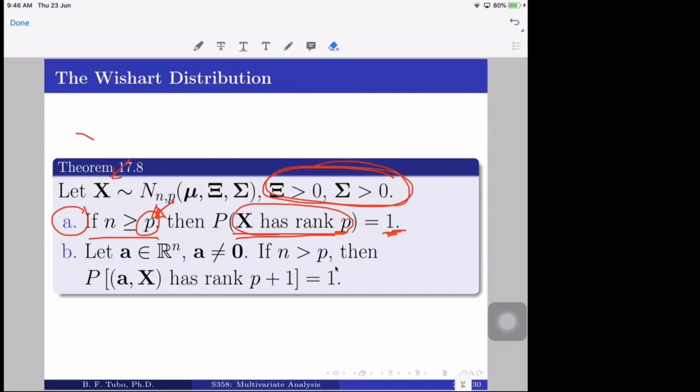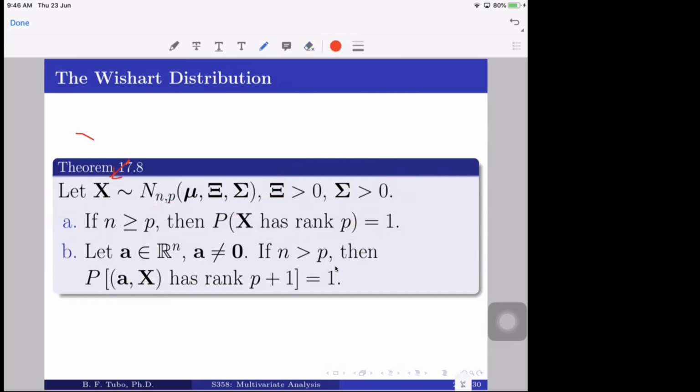And next, if A is a vector n by 1, not necessarily the 0 vector, and if n is strictly greater than P, or P is less than n, and we are considering the rank of X is P, then the probability that this is true is 1.